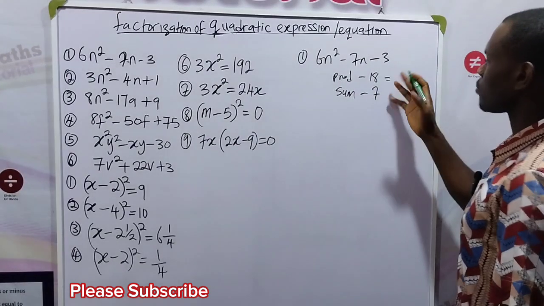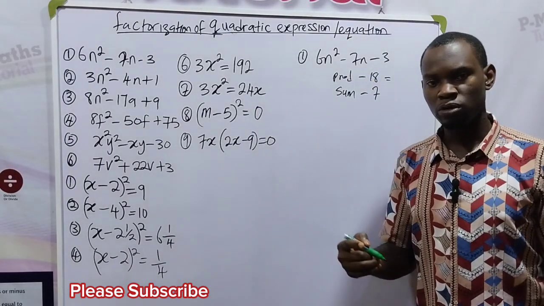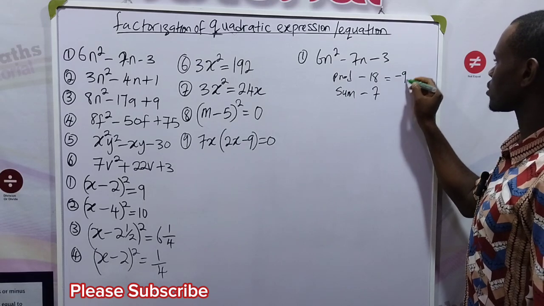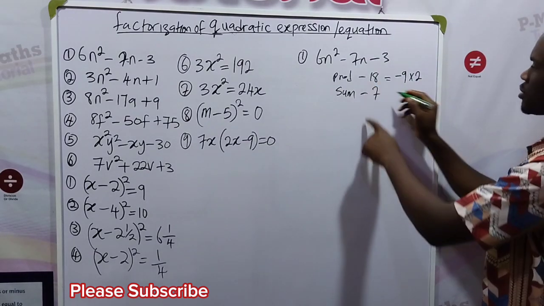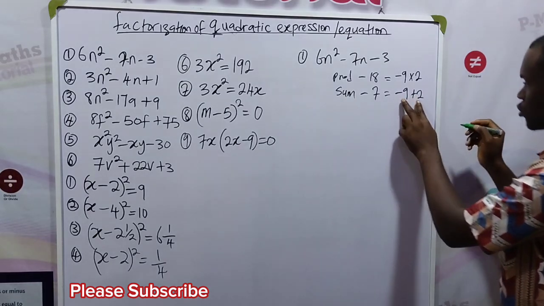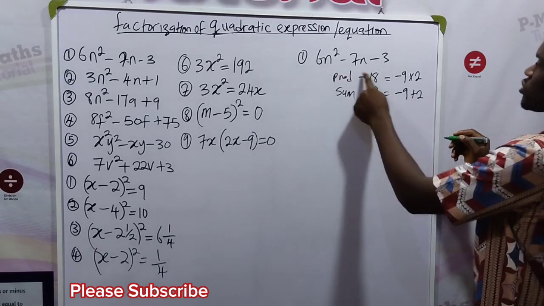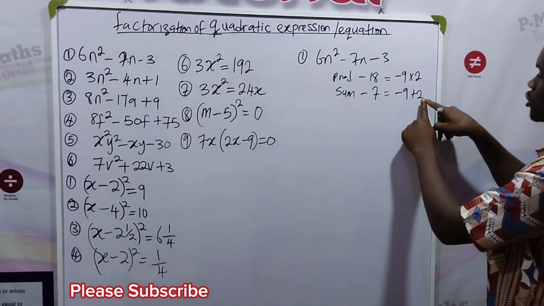So look out for two numbers you can multiply to have negative 18. When you add the same two numbers, you have minus 7, right? So that has to be minus 9 and 2. If you multiply both of them, you have minus 18. Then you say minus 9 plus 2, the same two numbers, you are having minus 7. So what we do is to replace minus 7n with minus 9n and 2n.